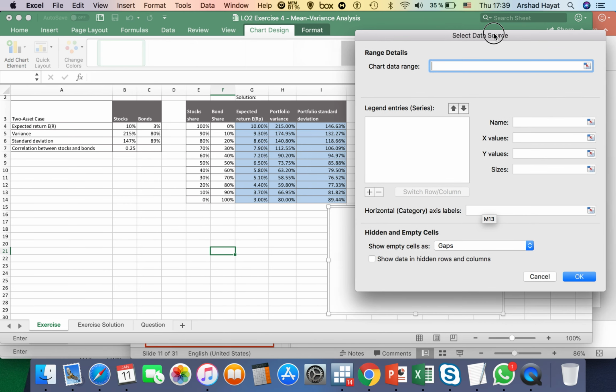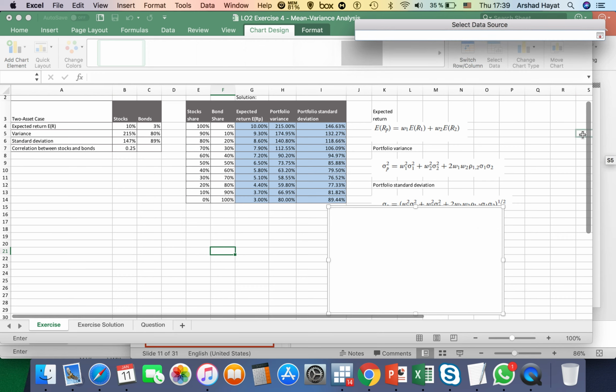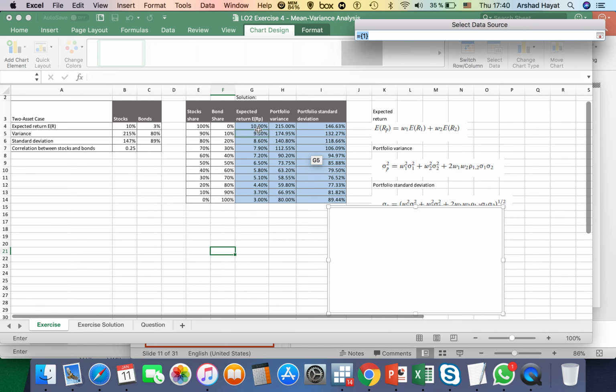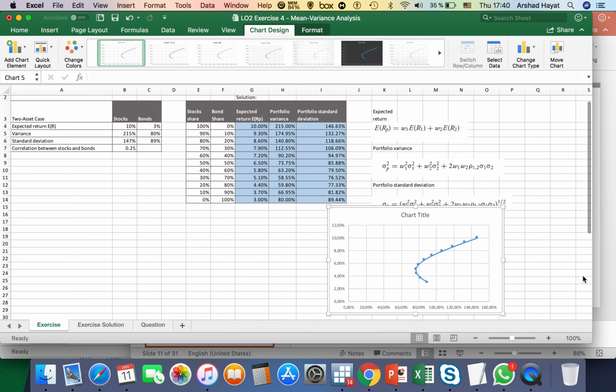So what we want is our y, we start a series, and in that series our x variable is portfolio standard deviation. So select this whole data and then click this. Again, our y variable, just click on this so that we can select data, is expected return. Now click this again, and we can click OK, and this is our data.